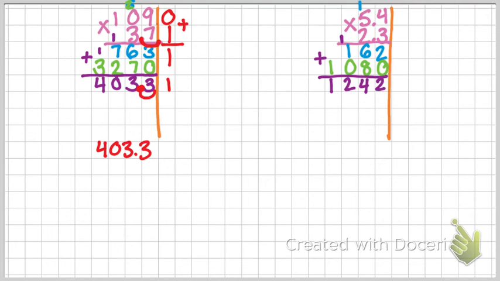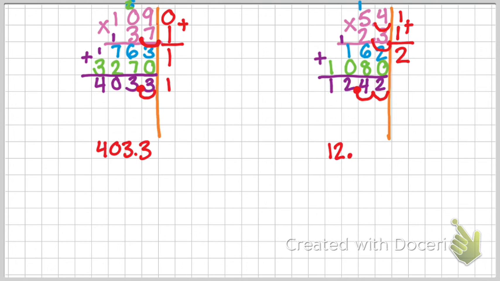So I'm going to count the number from my wall to my decimal point. This one has one number. This one has one number. So when I add those together, my final answer should have two numbers behind the decimal. We're going to start at our wall in our answer and go 1, 2. So I put my decimal there.